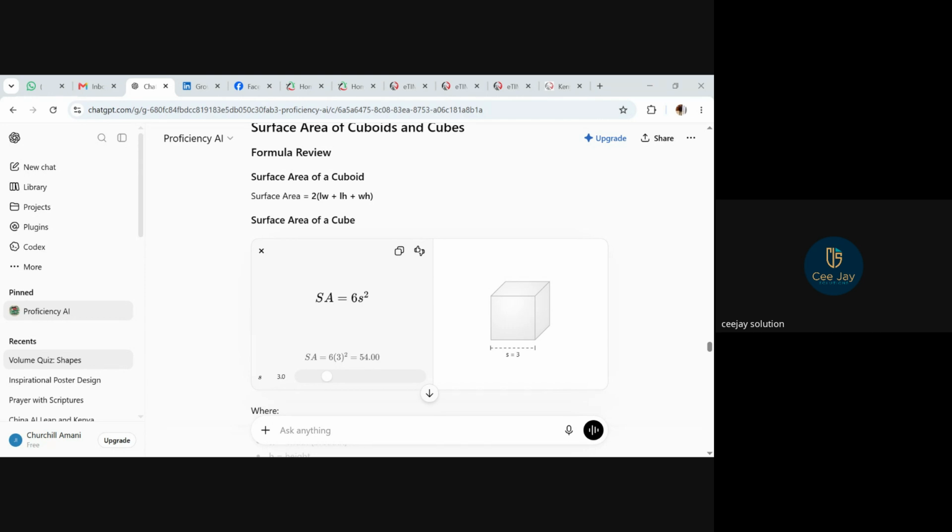We can opt to use the second formula. I think it's easier. 2 into bracket length times length, because there is no width, because they are equal, since it is a cube. Yes, Joshua.